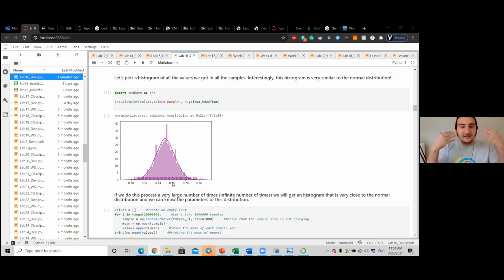And the numbers that are more frequent will guide me to narrow down my understanding of the population's statistic. So this histogram is created by looking at 10,000 averages, and you see that we are having a higher frequency around 75% here in the middle. That is how I am getting closer to the population mean. Okay?